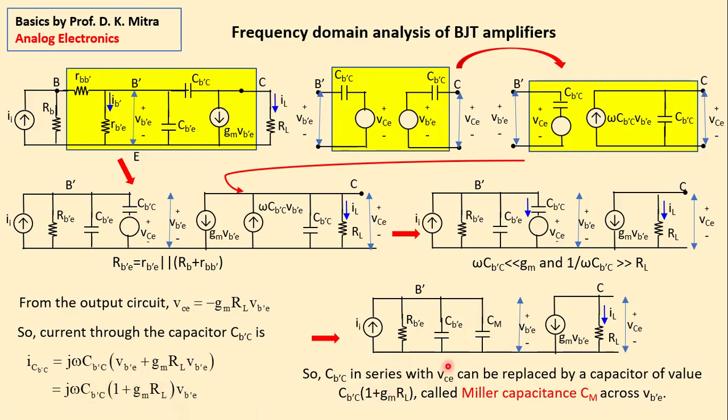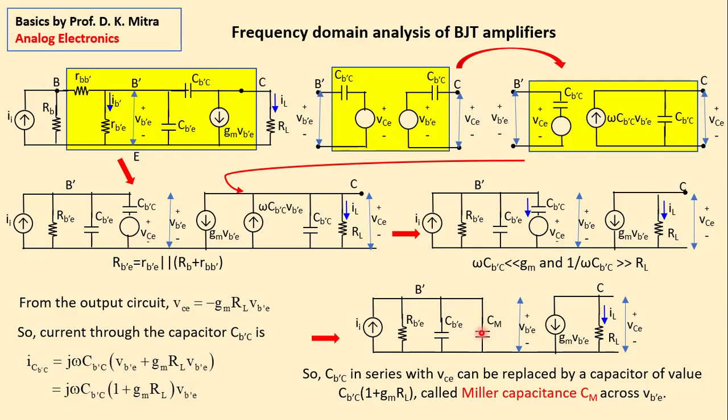Now, what we have achieved after all this hard work is that the base-emitter side and collector-emitter side are totally isolated. That makes the analysis very simple. And this capacitance is called the Miller capacitance. Very often you face this question in your viva: what is the Miller capacitance of a transistor?